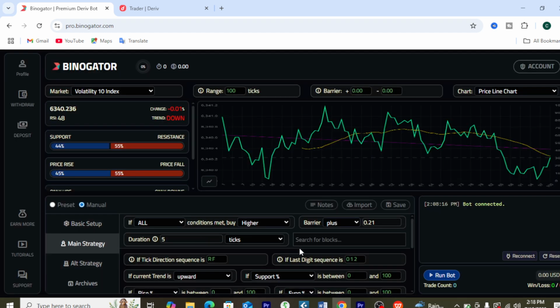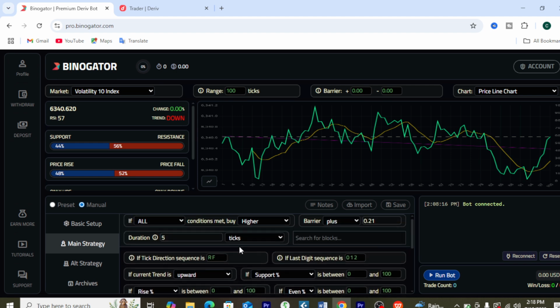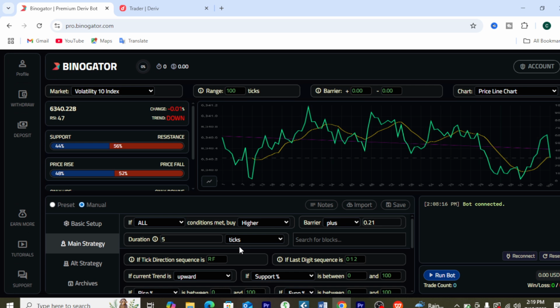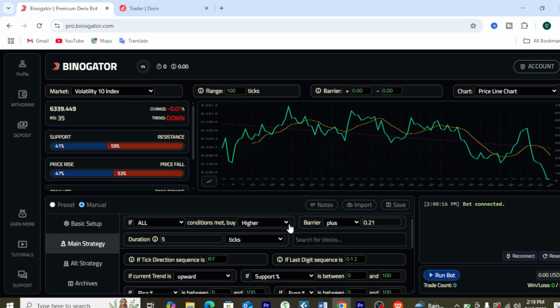I'm going to set the duration of the trade to 5 ticks. The condition blocks that I'm going to set for this trade is that I want the bot to buy lower.